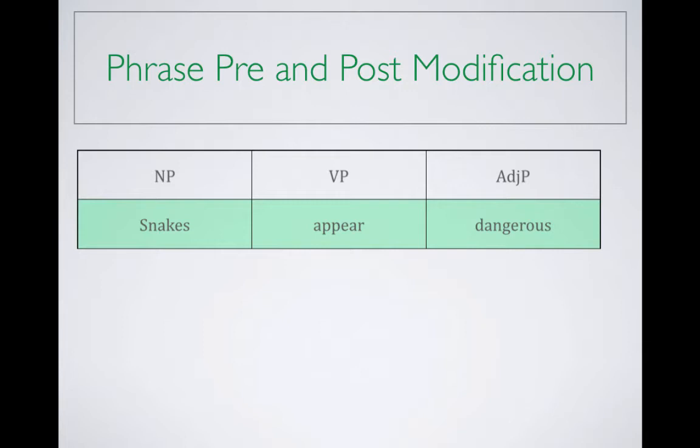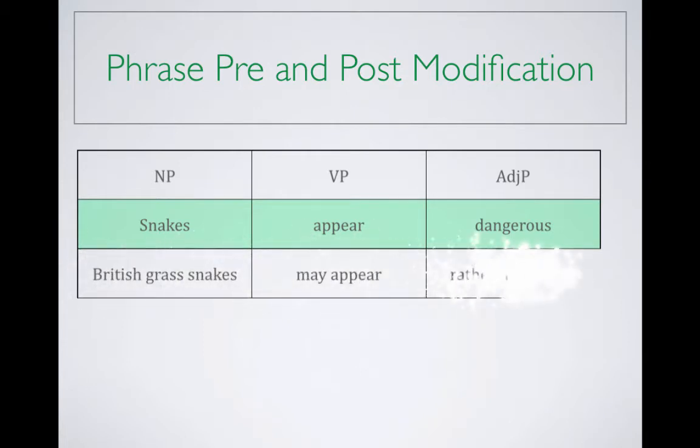However, we can still add more elements to each of these phrases. The phrase is expanded by means of pre or post modification. The noun phrase is expanded by pre-modification, British grass, that is qualifying the snakes.